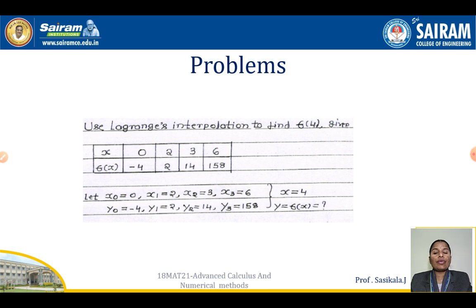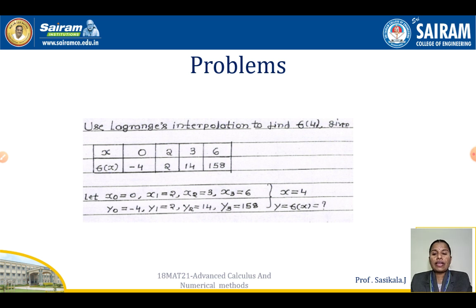Now we are going to see problems based on both Lagrangian interpolation and inverse Lagrangian interpolation. We'll go with the first question: use Lagrangian interpolation to find f of 4, given x is 0, 2, 3, 6 and f of x is minus 4, 2, 14, 158.